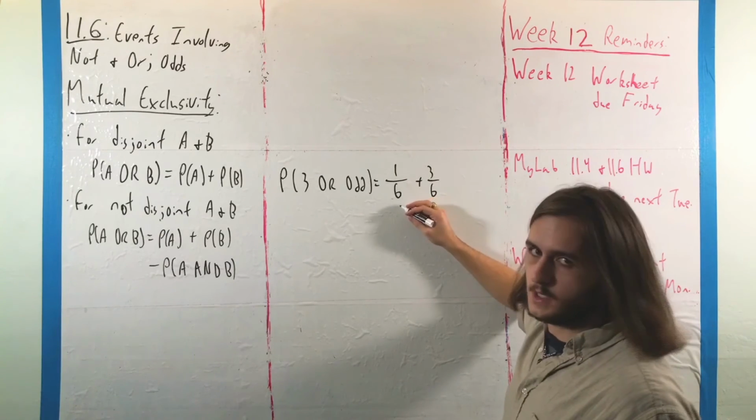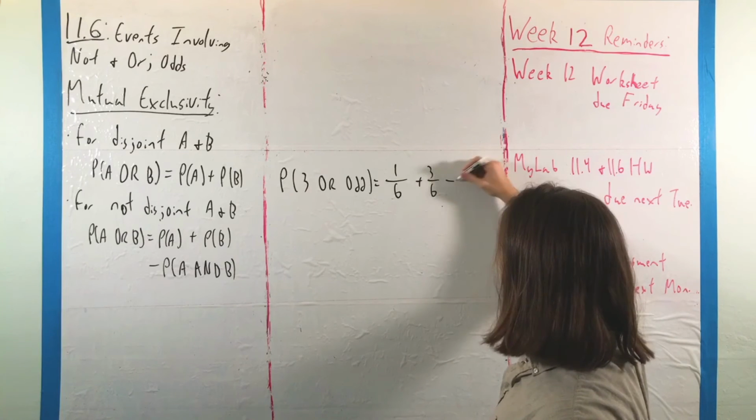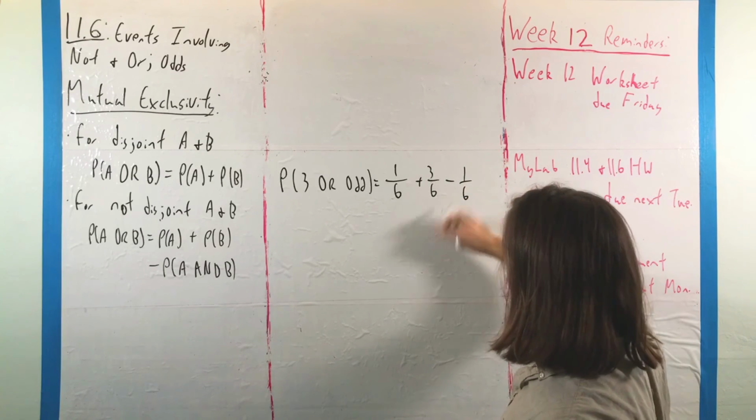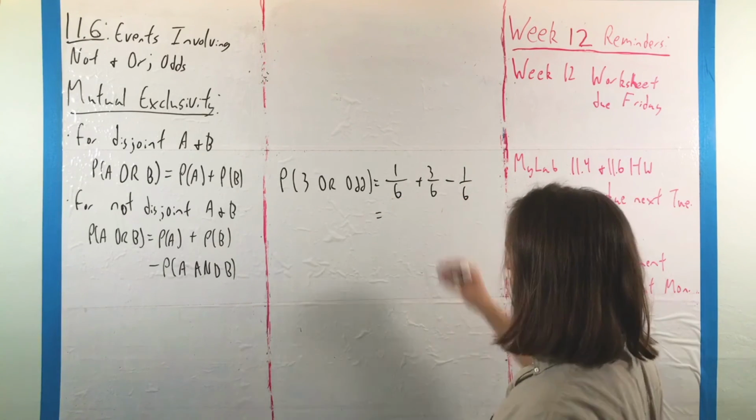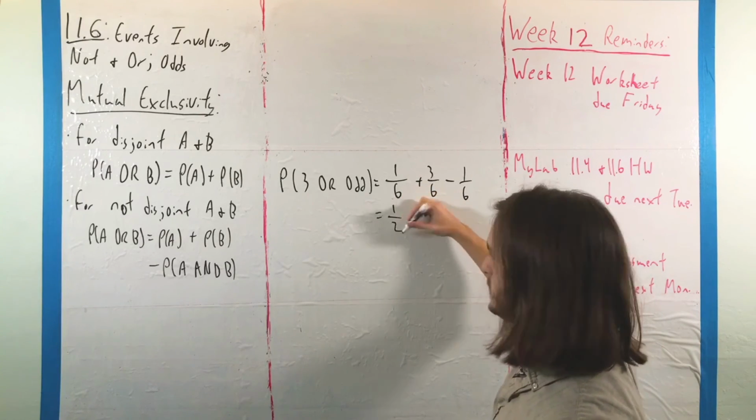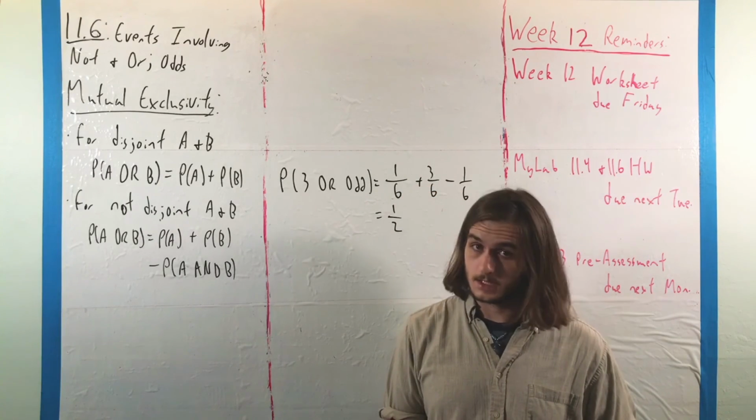So here we got 3, there we got 3, we got too many 3, take out 1, and what we'll end up with is 3 out of 6, or 1/2 for that total probability.